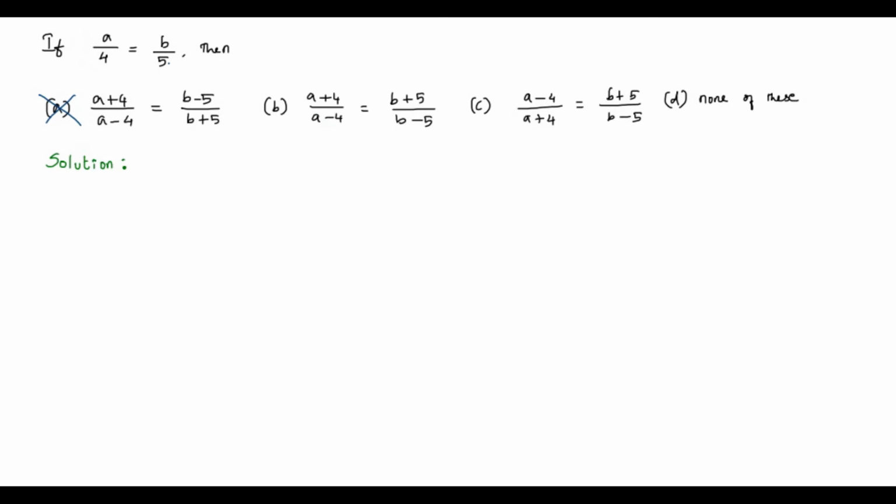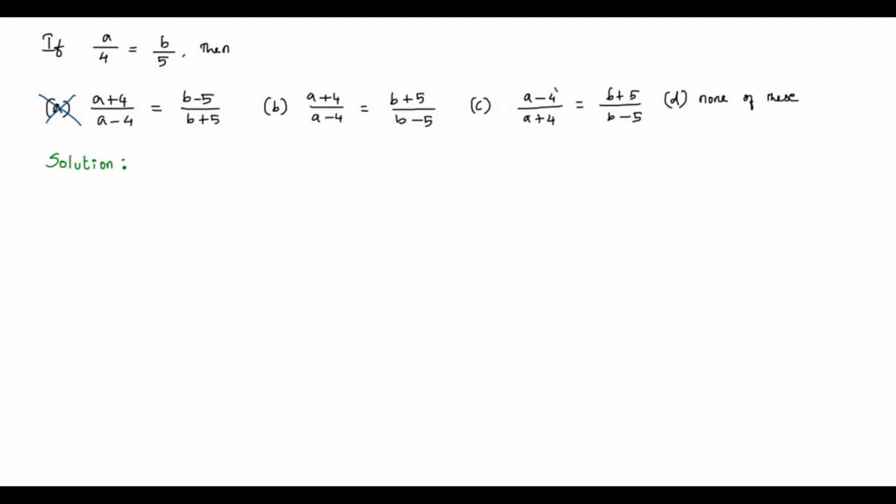Here 5 is added to b, that is, the second term is added to the first term, and in the denominator 5 is subtracted from b. So we have componendo and dividendo. So whatever we have on the left side, the same we have on the right side also. So always we must have addition and then subtraction. So we must have the same order on both sides. So clearly this one comes under the property of componendo and dividendo.